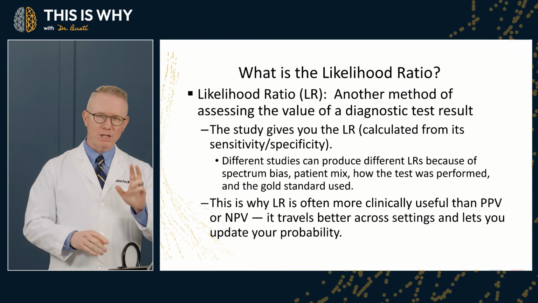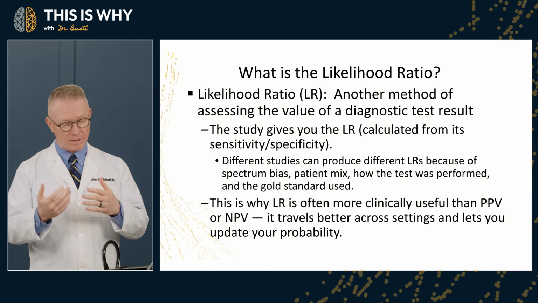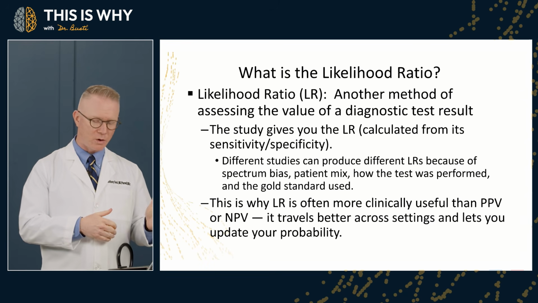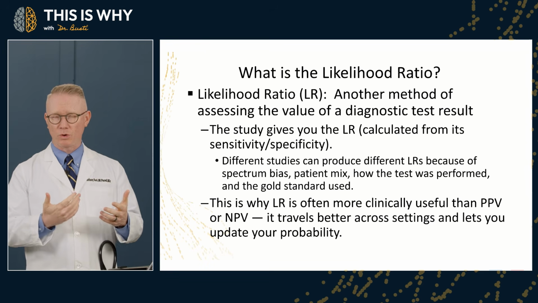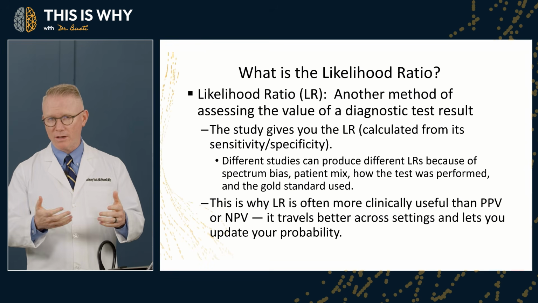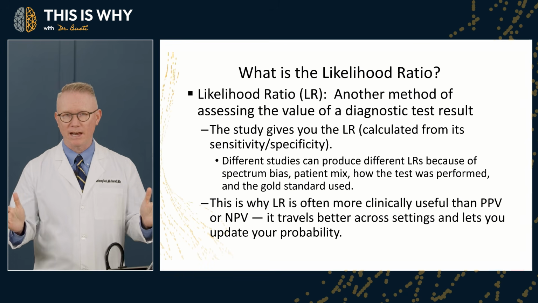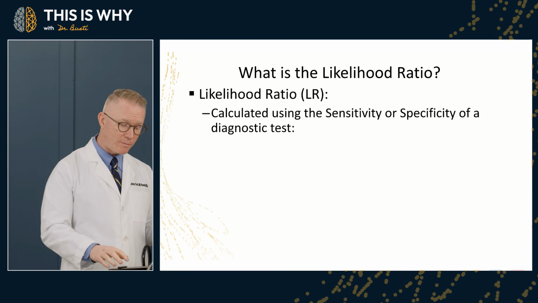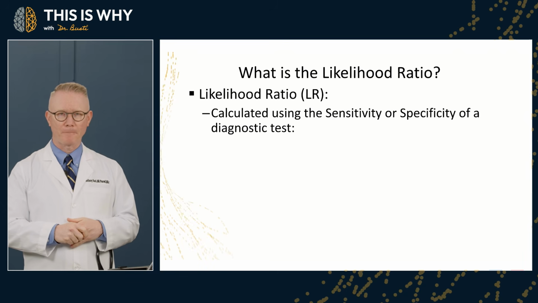So this is why likelihood ratio is often clinically useful, sometimes even more so than the positive and negative predictive values. This type of metric can sometimes travel across various settings a little bit better and lets you update your probability, especially your post-test probability.